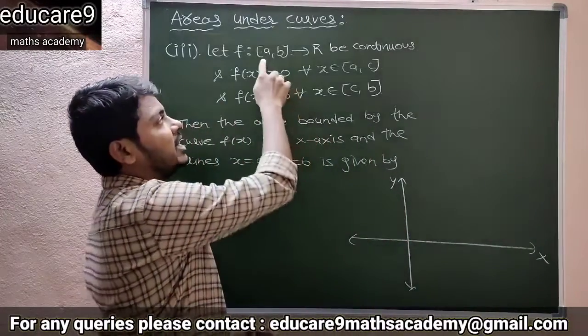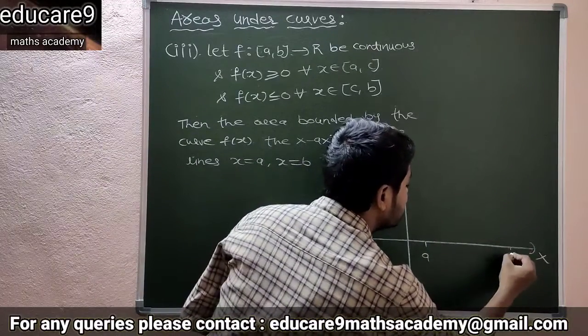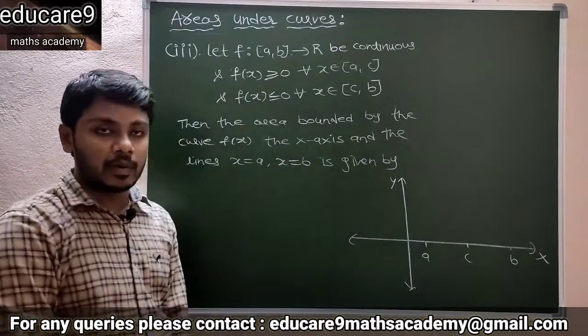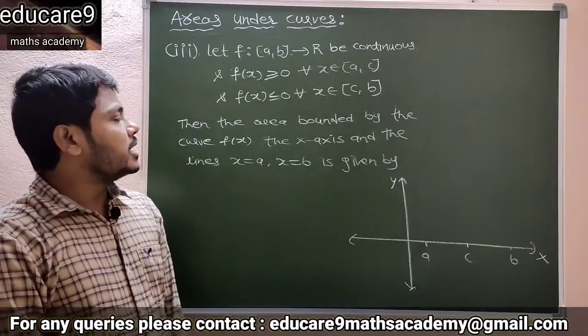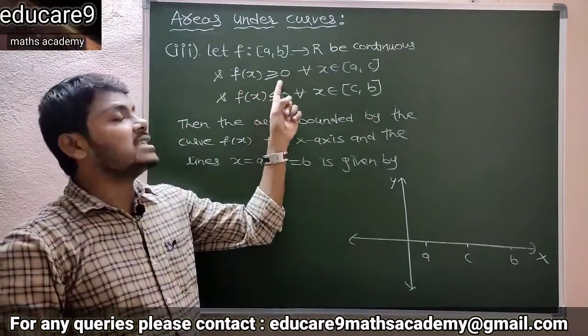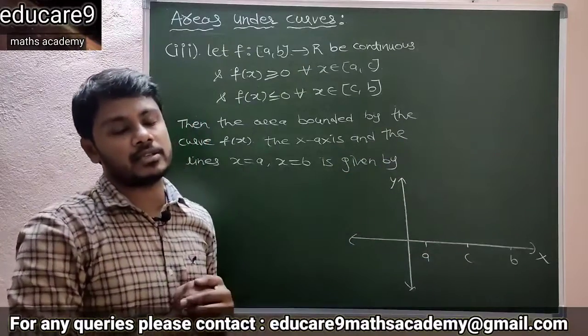The given interval is a comma b. Suppose this is a and this is b. Suppose c belongs to the closed interval a comma b. In the interval a comma c, f of x is greater than or equal to 0, so the graph lies above the x-axis.